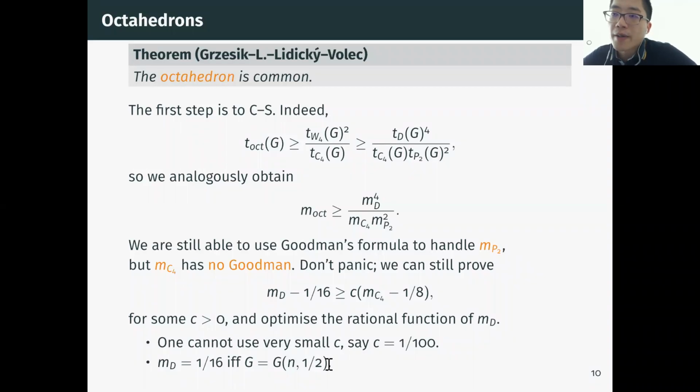And again, this inequality gives us some sort of stability result. In particular, if my diamond count is 1/16, which means it attains this commonality bound, then my graph must be random. The coloring must be a random coloring. So these are two remarks, and let me move on to the proof of this.